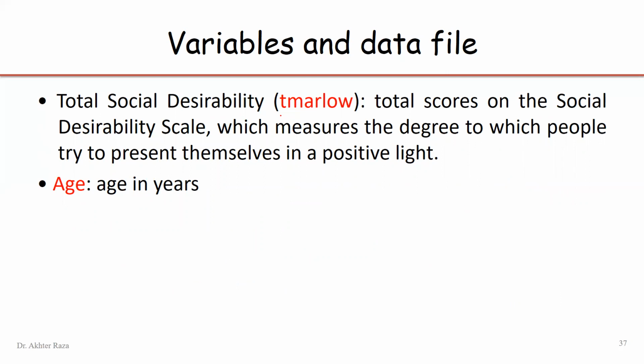We can also include two more variables after the basic model. Those two variables are social desirability and age of the participants. Whether the age is impacting the stress or not, or whether the social desirability factor is impacting the stress or not, those two predictors you can include in the analysis after the basic model.